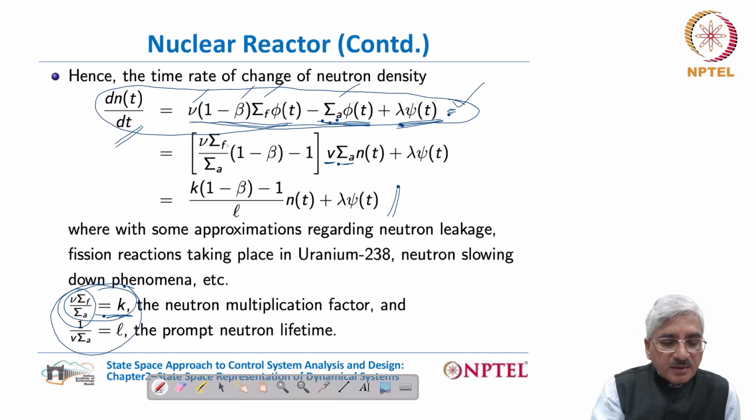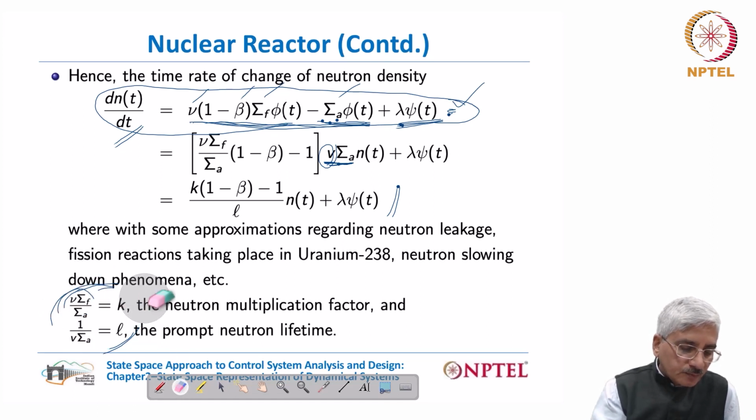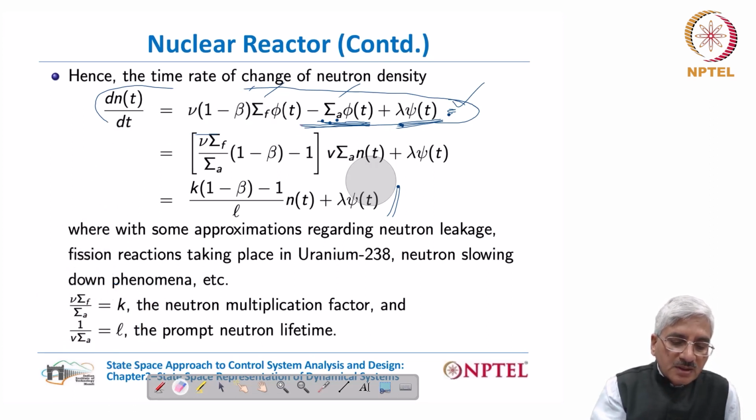So we have divided these two terms by sigma A, and we have introduced L equal to 1 by V sigma A, and K equal to nu sigma F by sigma A. So we introduce these definitions.